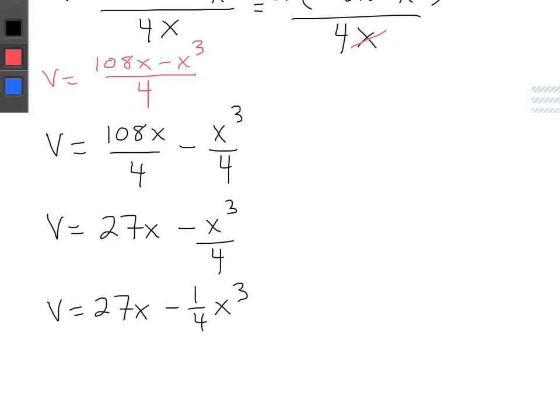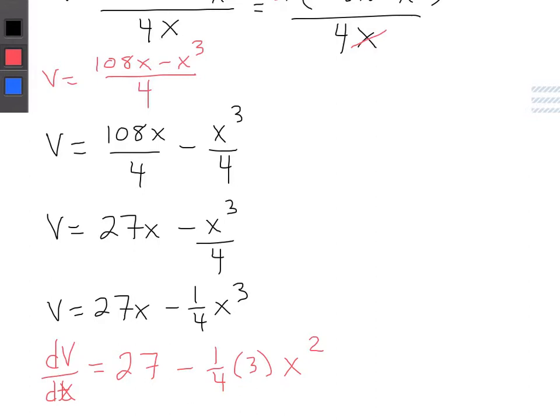Our dv over dt, because we're taking the derivative with respect to, dv over dx equals, what's the derivative of 27x? 27 minus 1/4 times 3x to the second power. Right?